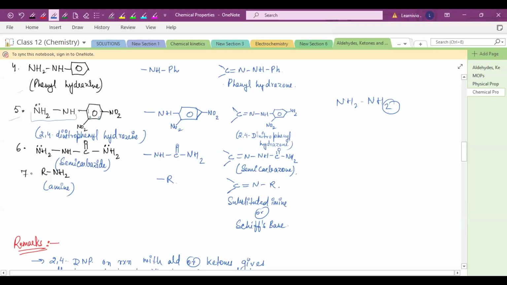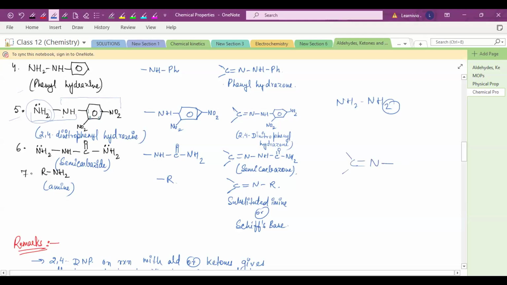And this is your hydrazine. So the whole structure name is 2,4-dinitrophenyl hydrazine. Now, what is Z over here? As I told you, other than the NH2 group, you omit the NH2 group, and this group is your Z. How will you write down the products? First, write down carbon double bond nitrogen and attach the Z group.